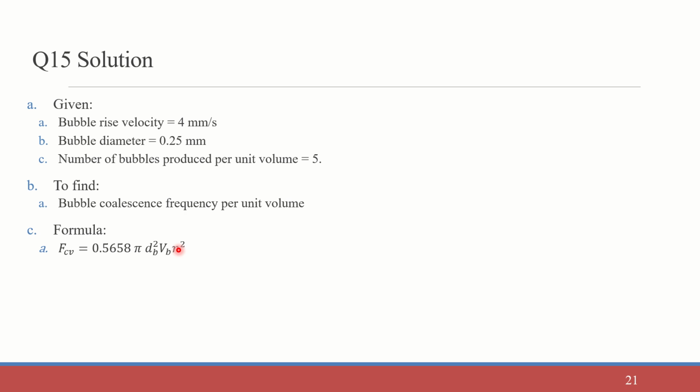So everything is straightforward actually. It should be small vB. Here it is 0.5658 into pi into dB square, where dB is the diameter of the bubble, vB is the bubble rise velocity, and N is the number of bubbles produced per unit volume.